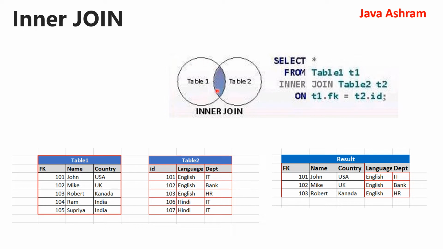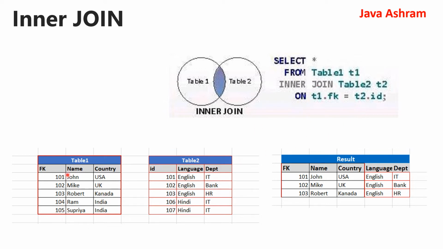If you see table 1 and table 2, this is intersecting. Whatever data is available in both table 1 and table 2, this inner join will give. So SELECT * FROM table T1 INNER JOIN table T2 ON T1.fk, the foreign key, and T2.id. It will give you the data which is common in both tables.